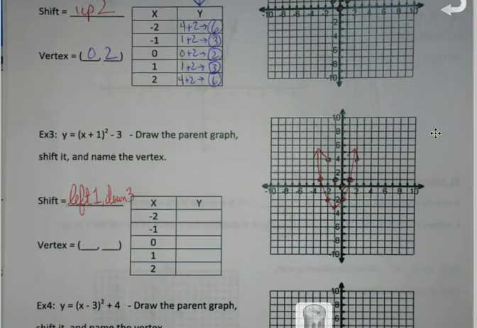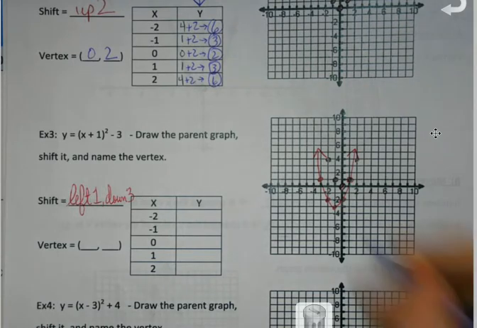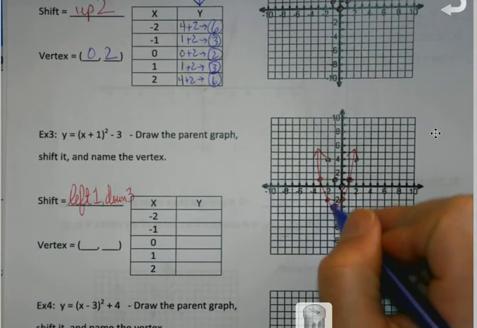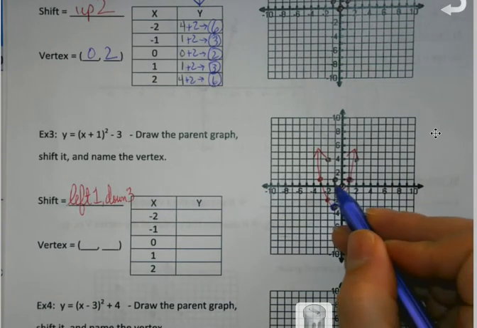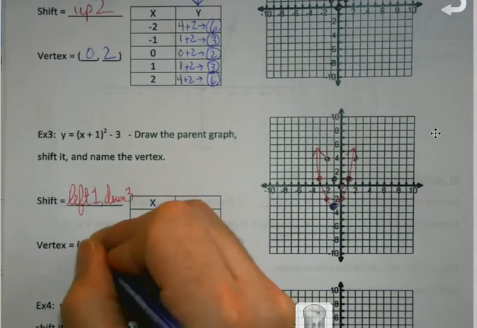And I get my parabola drawn in. I notice my place where it changes value is right here at -1, -3.